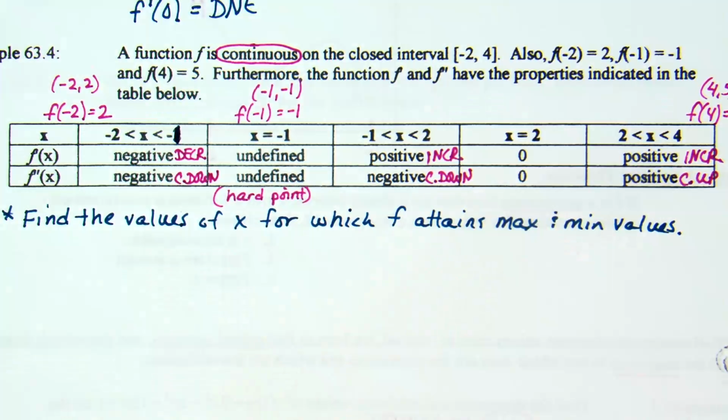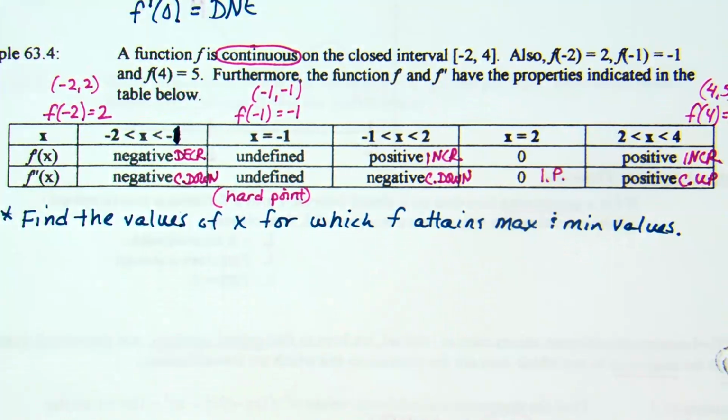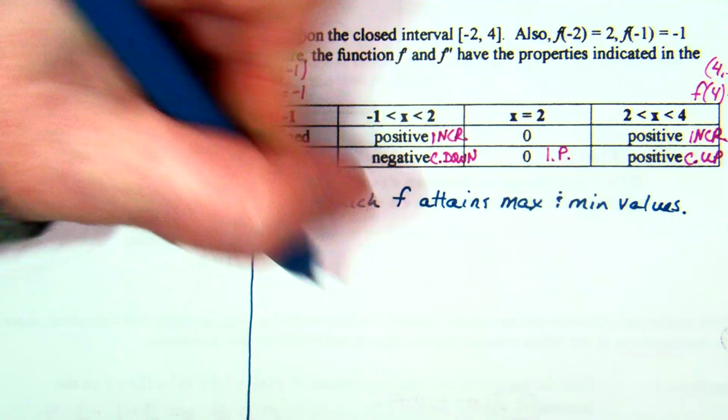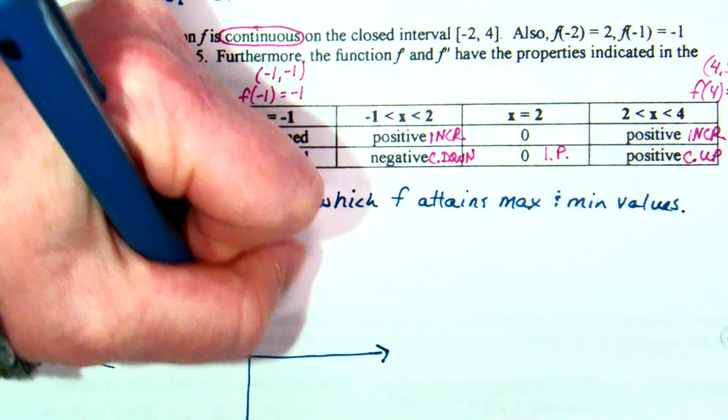Okay, let's attempt this graph. I'll give you a visual here. Okay, I know I need to have to count left 2 and right 4. We have to be able to go up as high as 5 and as low as -1.